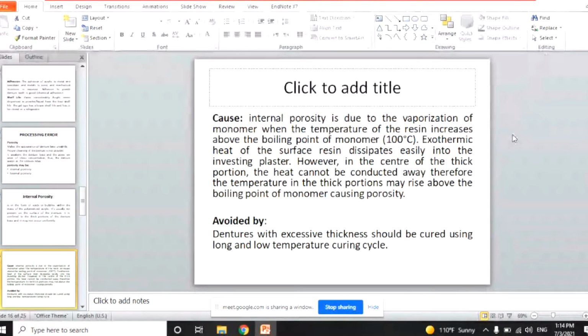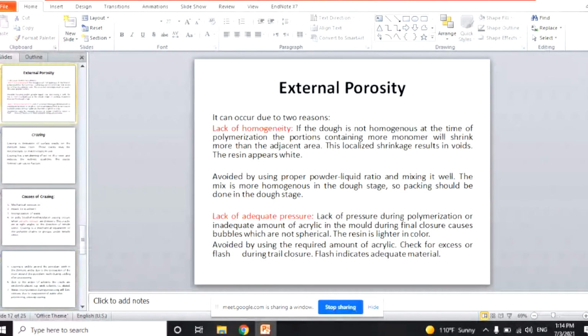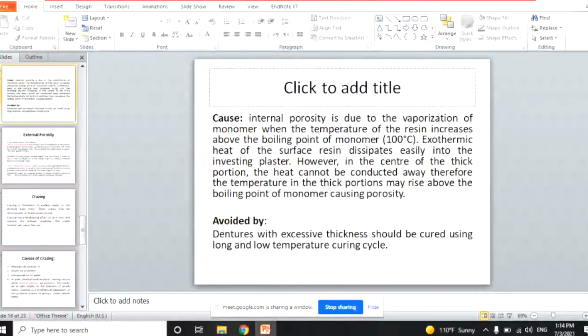Due to the unpolymerization degree and shrinkage. When the process does not reach the required temperature for boiling, sometimes the center of the denture base can develop porosity.